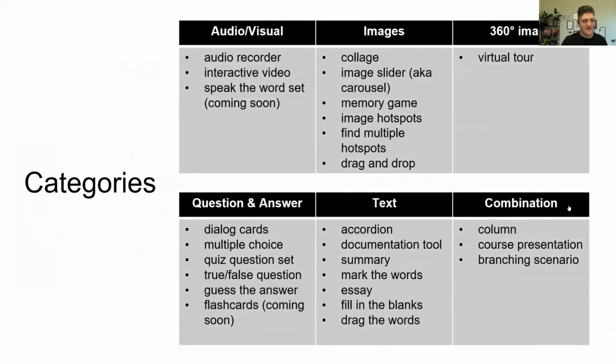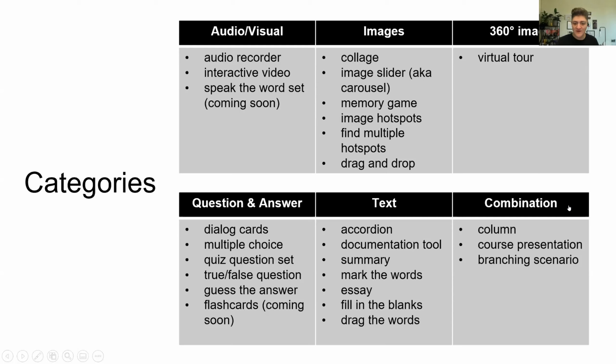rough categorization of some of the content types based on the modality, really, so that you know that if you do have a text-heavy subject, then you've got options like using the accordion, something called the documentation tool, the summary content item, and also there's the option of having a 360-degree image.